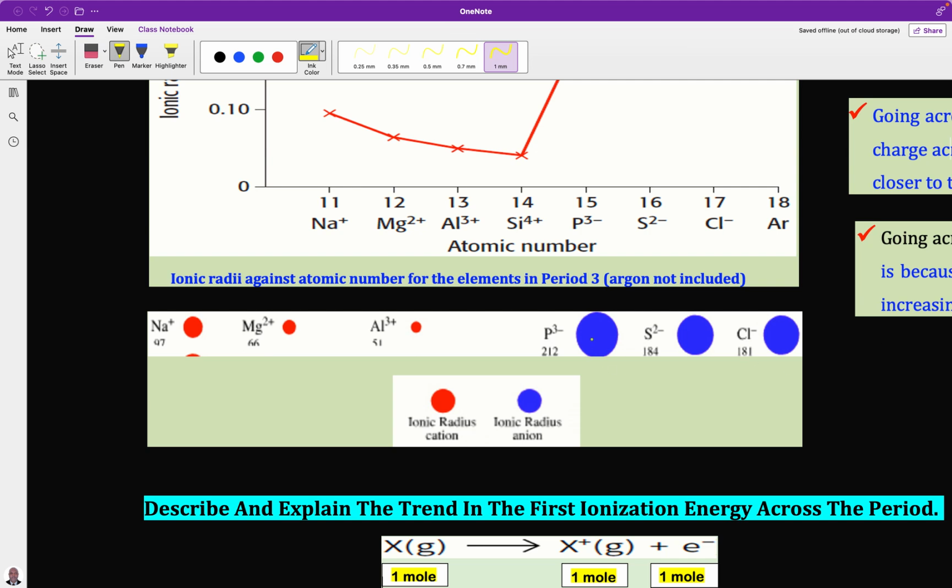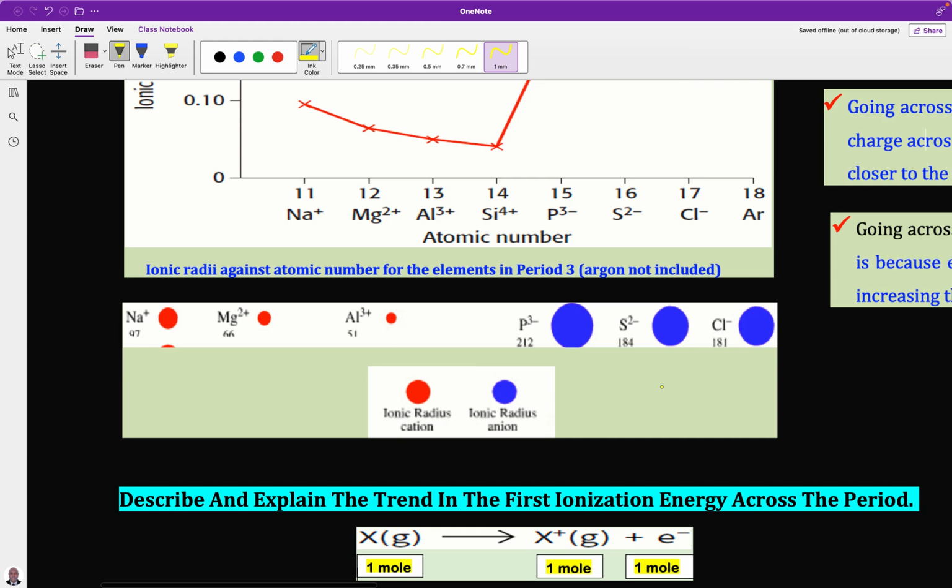Once more, the reason why the anions have greater sizes than the atoms is because each atom has gained one or more extra electrons into their third principal quantum shell, increasing the repulsion between its electrons, whereas the nuclear charge still remains the same.